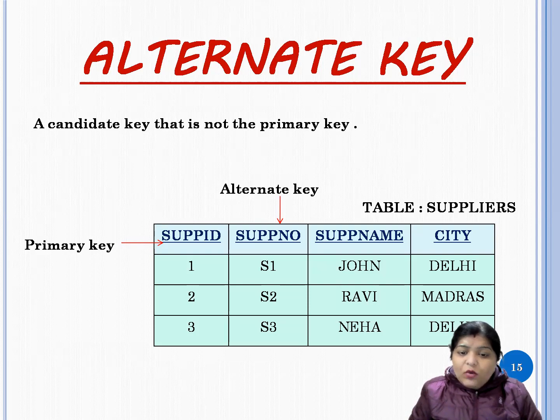A primary key is only one in our table, but there may be many columns in our table which uniquely identify the record. So every column will not be treated as a primary key. Only one column is treated as a primary key. The other columns which uniquely identify a particular record are treated as alternate keys. Okay.